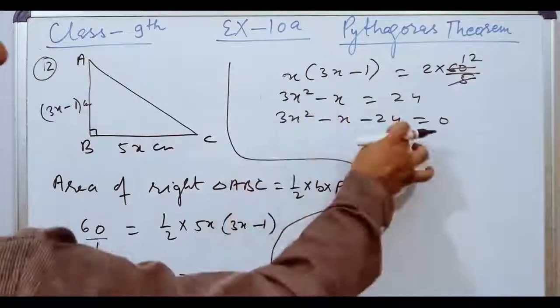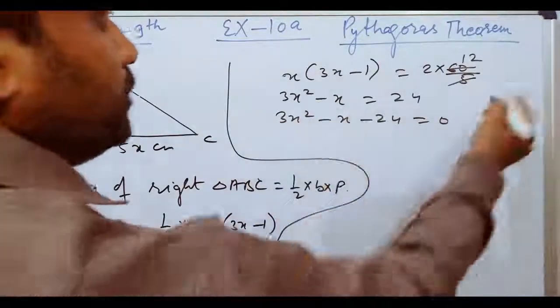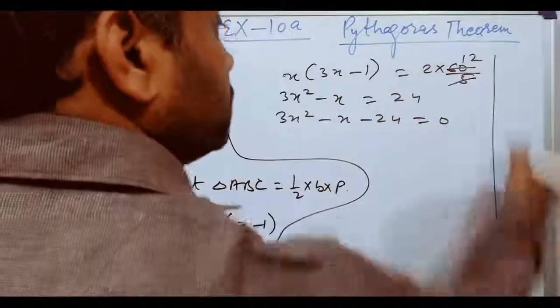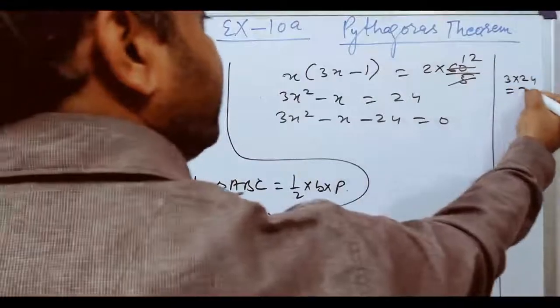Now we have to factorize. How? Multiply 3 into 24. It is 72.